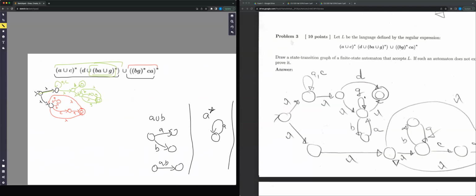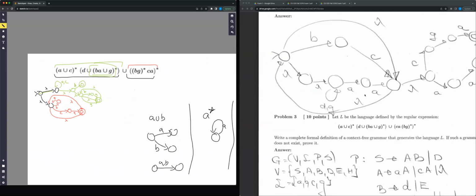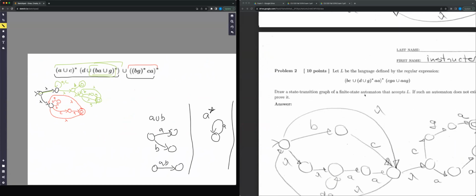Okay, let's do one more example. Let's do this one.